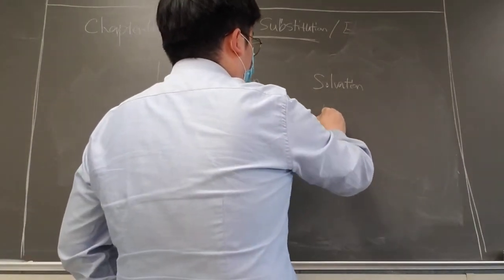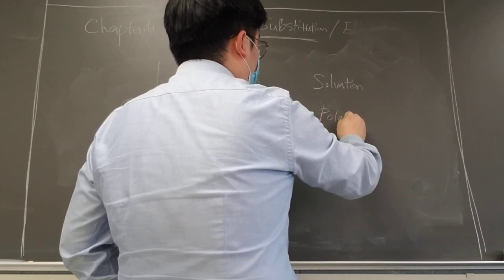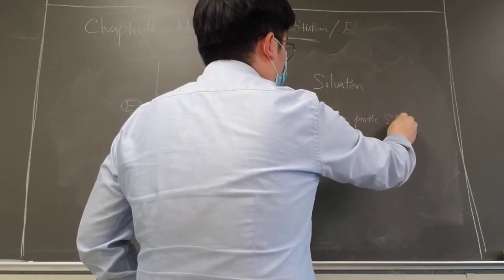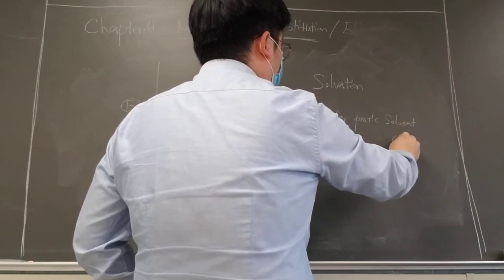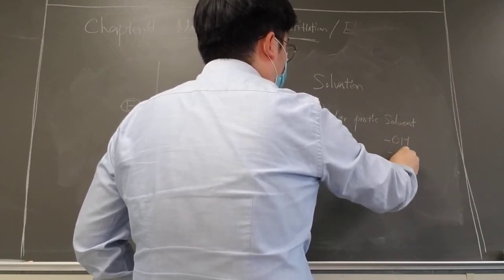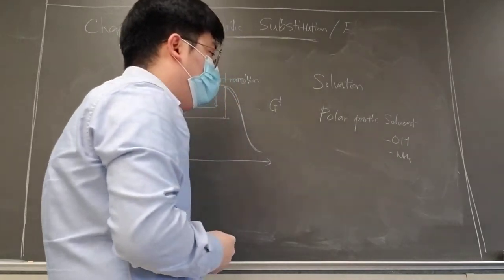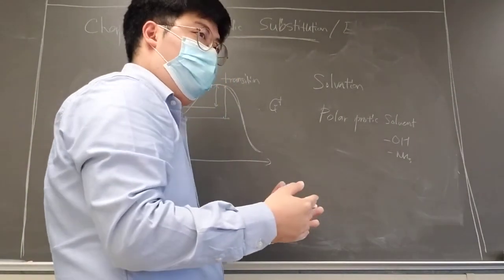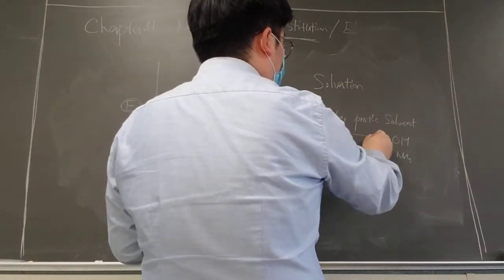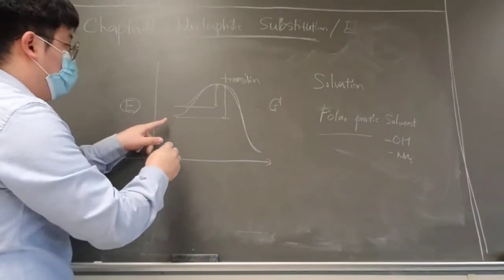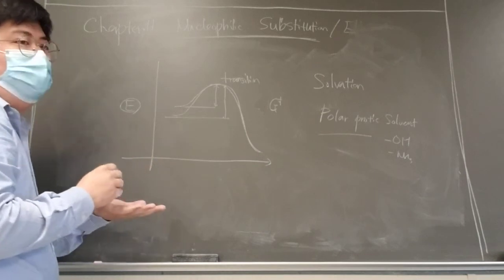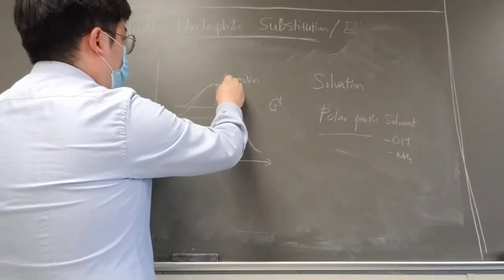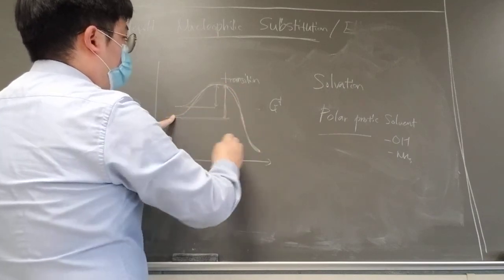If you're using polar protic solvents, like alcohol or anything with amine groups, they are able to make hydrogen bonds to the compounds. That makes your reactants more stable, meaning much lower in energy. That makes the activation energy higher, so it will be harder for the reaction to go forward.